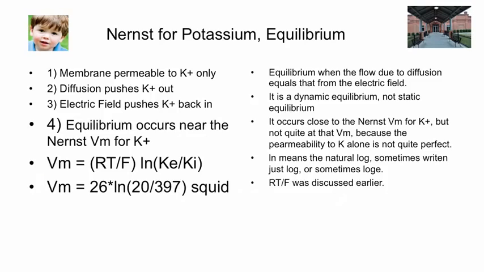So now let's look at this slide and take this process as a whole. The membrane begins by being permeable to potassium only. There's way more potassium inside than there is outside, so diffusion pushes potassium ions out because the membrane will allow potassium to move.